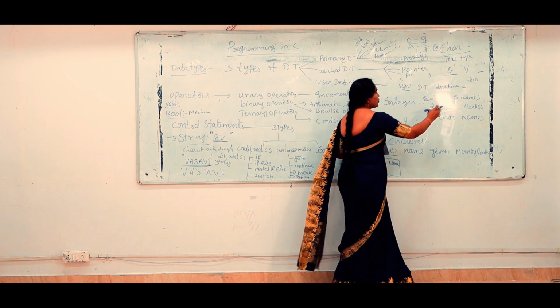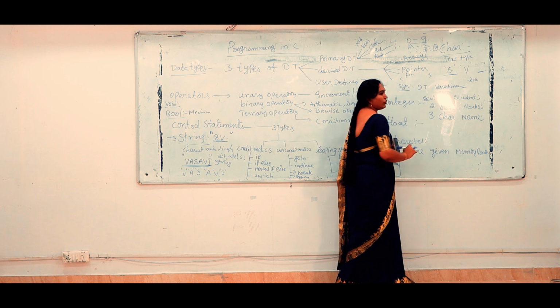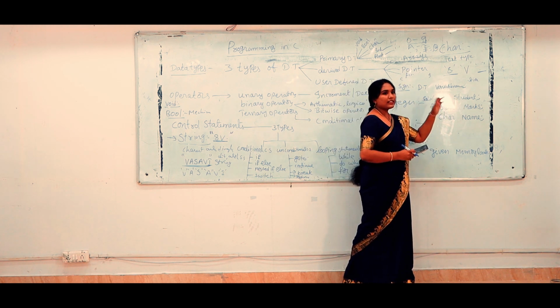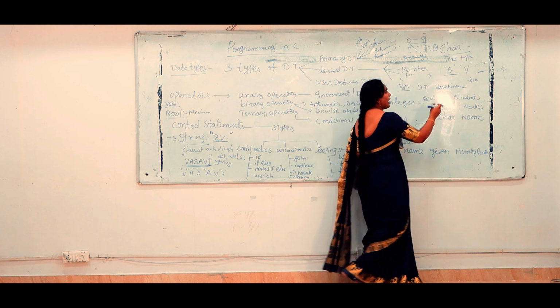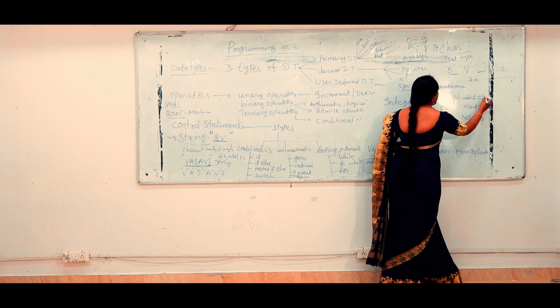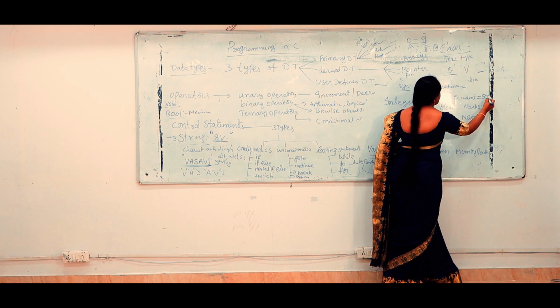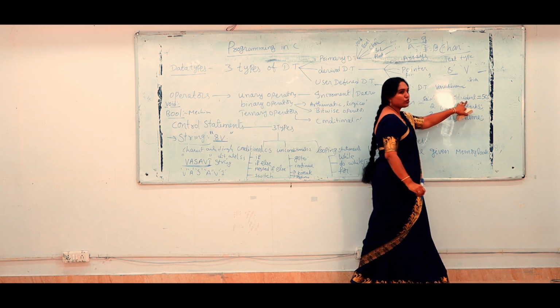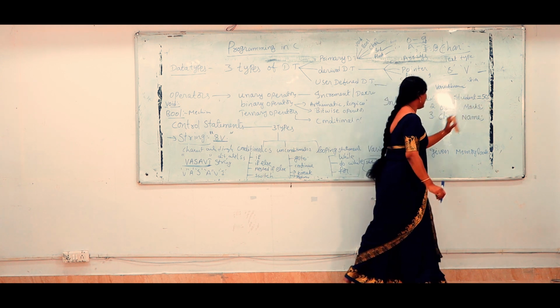Now this student has only an integer value. For example, if you want to give a value to the integer student, how can you give? Student is equal to 50. What is the variable name here? Student. What is the value of the variable? 50.